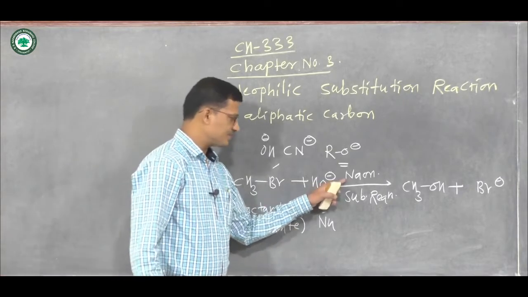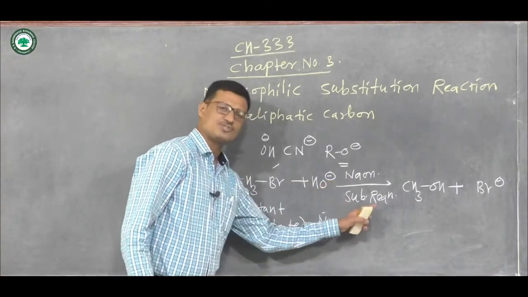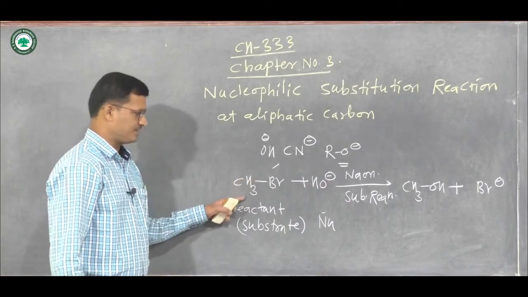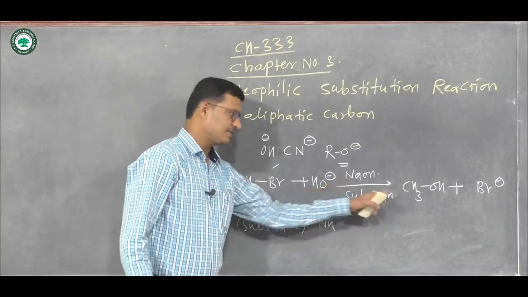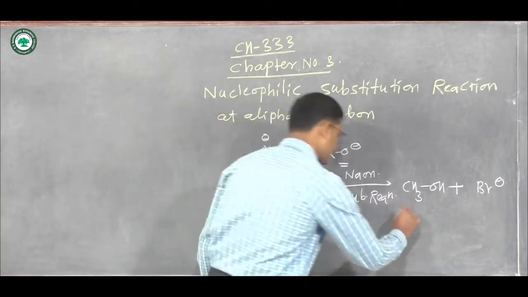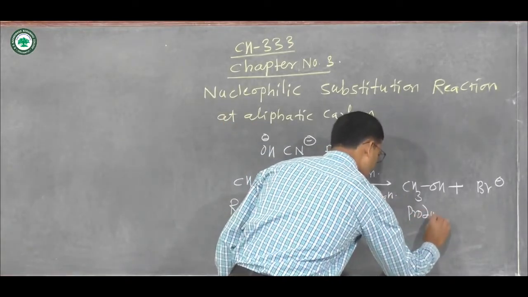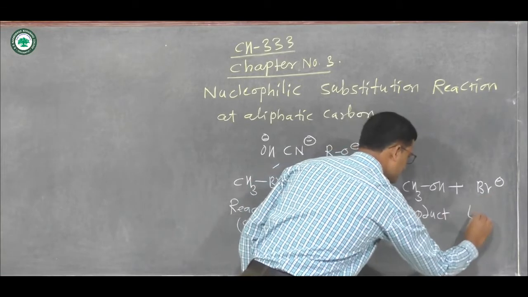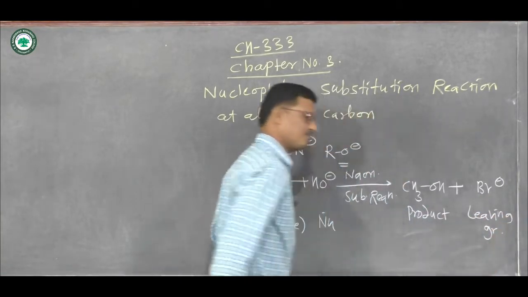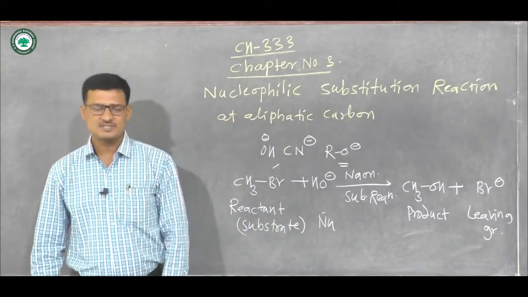NaOH is your reagent. This is an example of a substitution reaction, or we call it hydrolysis of methyl bromide. In the presence of alkali, there is formation of methanol. So methanol is a product, and this Br minus is called the leaving group. So this is one simple substitution reaction.